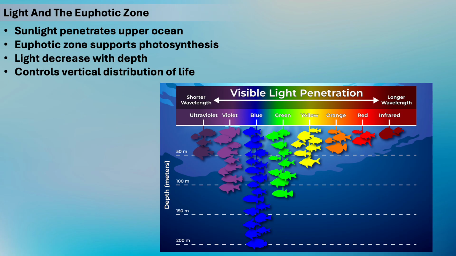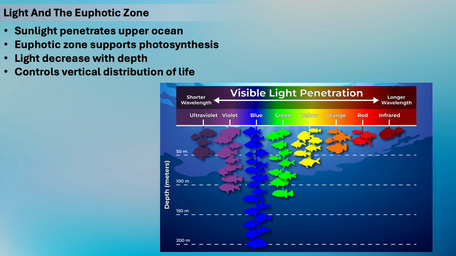Longer wavelengths, like red, are lost within the first few meters, while blue light penetrates much, much deeper. That's why open ocean water appears blue and why organisms living at depth are often tuned to blue wavelength specifically. What matters biologically is that light intensity declines exponentially, not linearly.